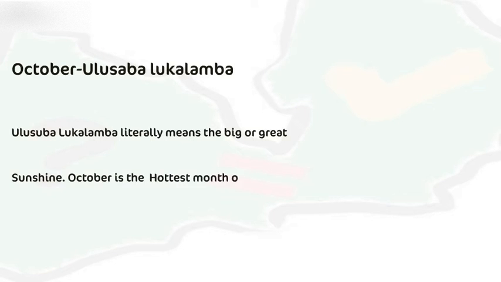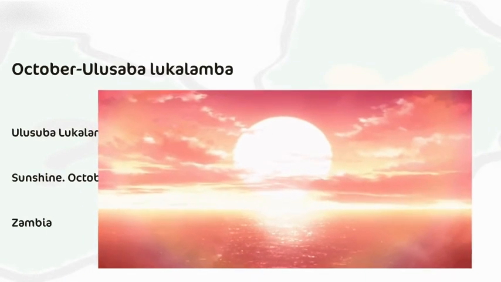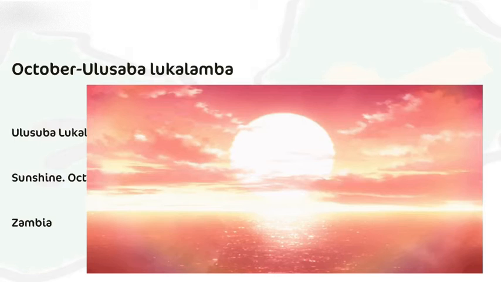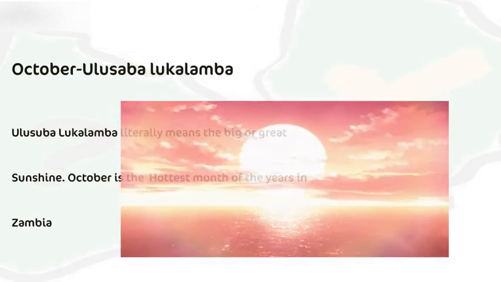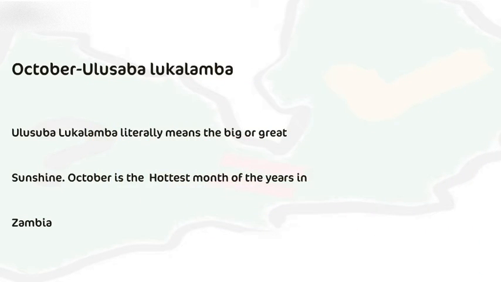Ulusuba Lukalamba literally means the big or great sunshine. October is the hottest month of the year in Zambia. That's why October is called Ulusuba Lukalamba, because it's really hot in the month of October.